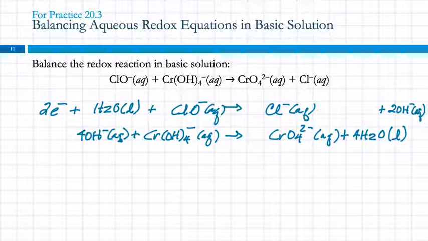We have to balance it so it's the same amount of stuff on each side. Down here, I've got 4 negatives and 1 negative, that's 5. And over here I have 2. So I need to put in 3 electrons. You will end up adding electrons to the reactant side of one and the product side of the other.